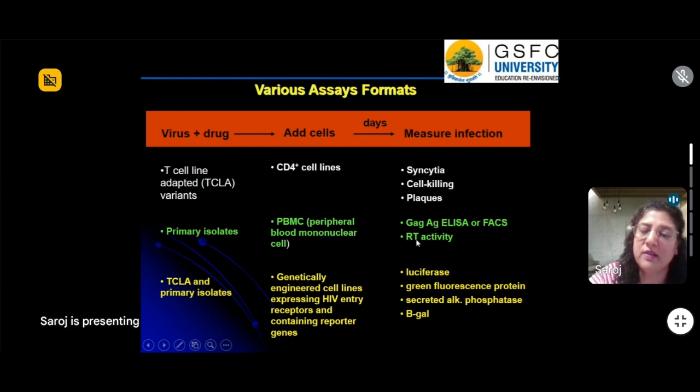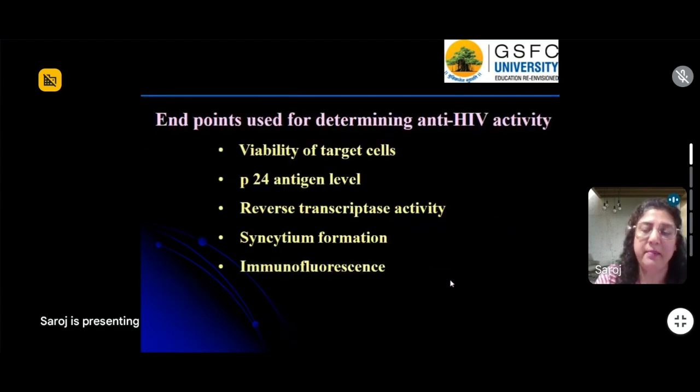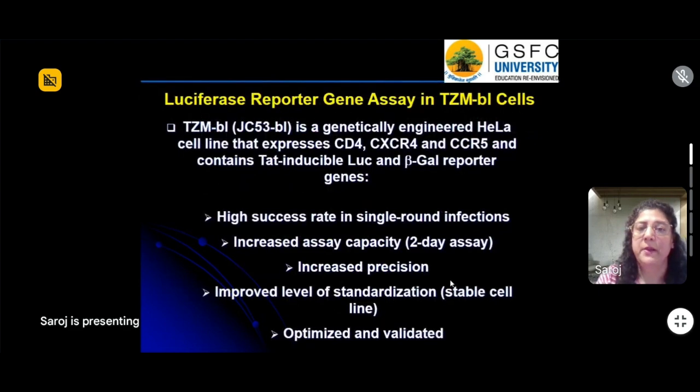You can check the reverse transcriptase activity via ELISA or FACS, or you can do the luciferase assay as an endpoint measurement. You can also have a GFP protein, beta gal, or alkaline phosphatase as the endpoint measurement. So this is how you're going to design the assay, but the endpoint is how viable the target cells are, what is the P24 antigen level, what is the reverse transcriptase activity, syncytia formation, and immunoprofile.